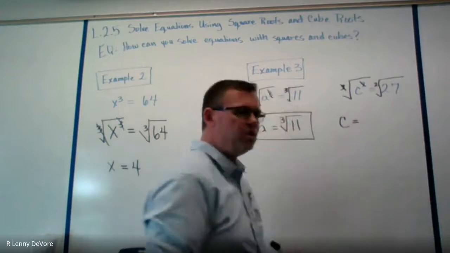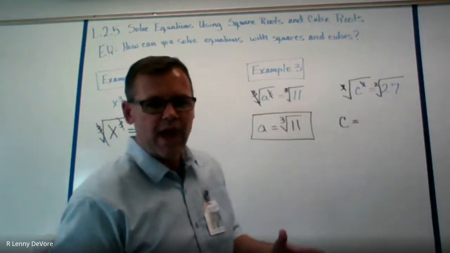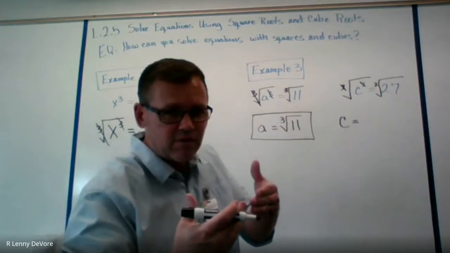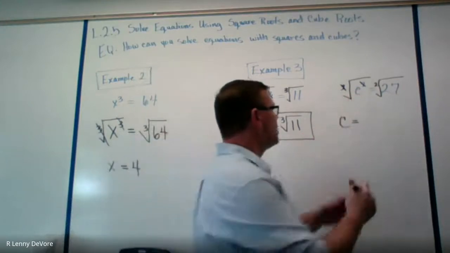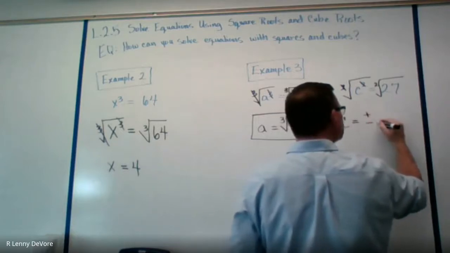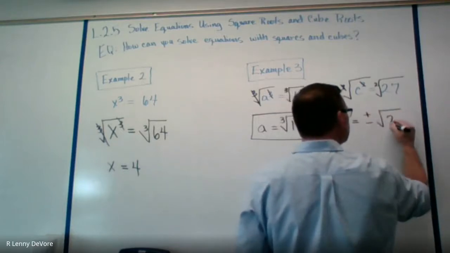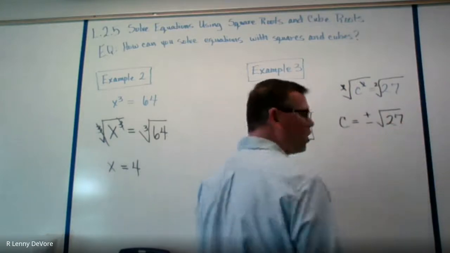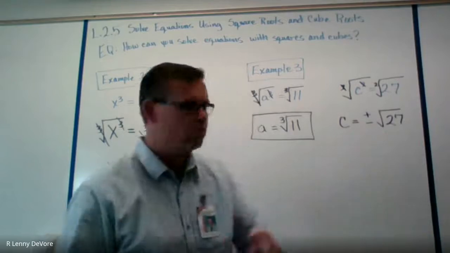However, because two negatives make a positive, this ends up being plus or minus the square root of 27. So in other words, this would be a positive or a negative. Let me show you a real example.